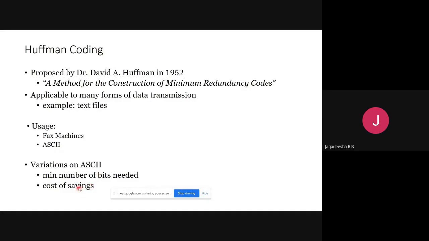But our objective is to represent every character by the minimum number of bits. That's the objective of any of the coding schemes, because we are targeting mainly cost saving in terms of resources, maybe money or storage space or bandwidth and so on.